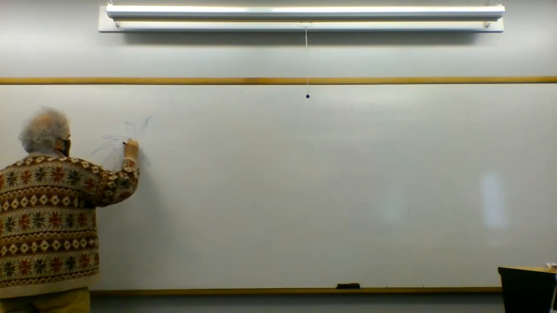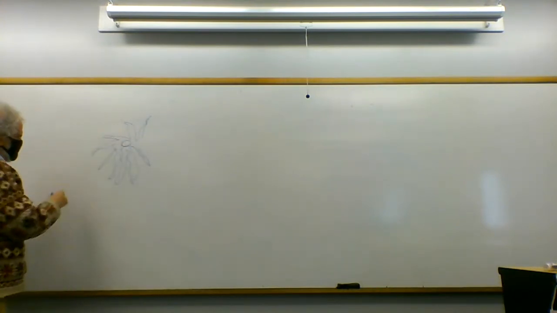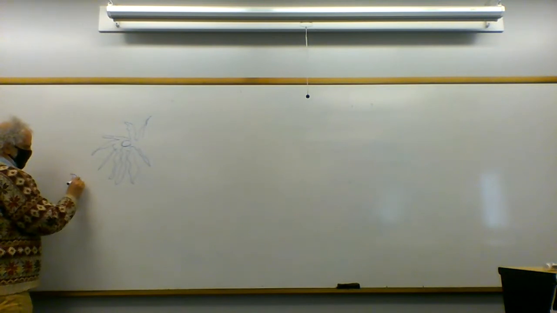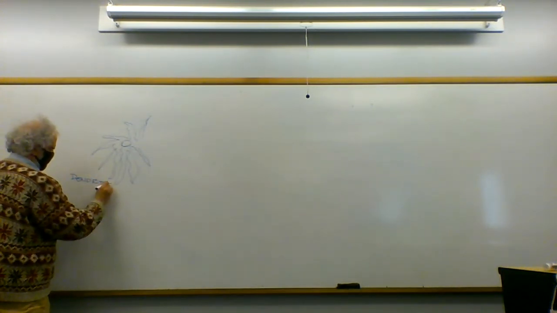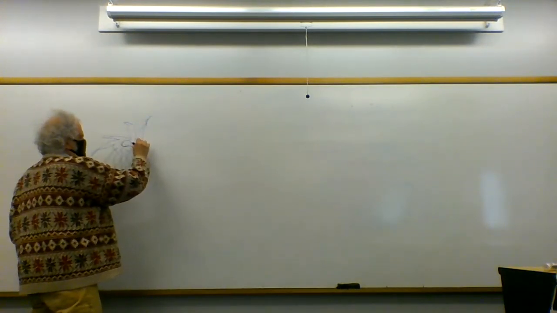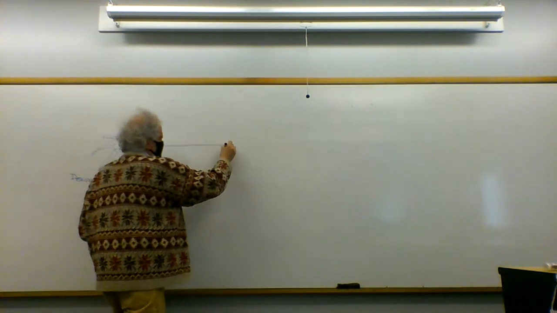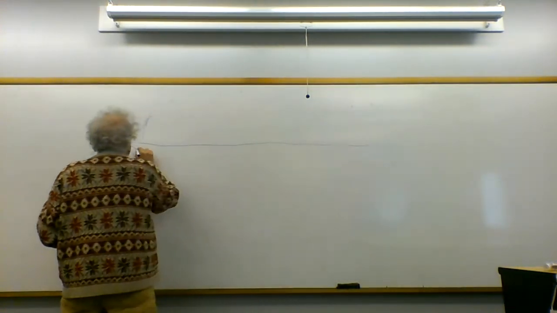So the nucleus is right there, and these cytoplasmic extensions are known as dendrites. And then there is generally one very long extension, and this is the axon.